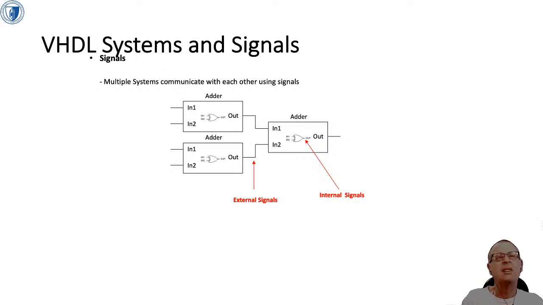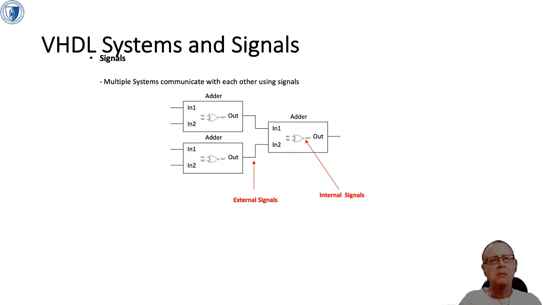If you've got multiple boxes, then you've sort of got two different scopes, if you like. In each adder, you've got the two inputs and the output.